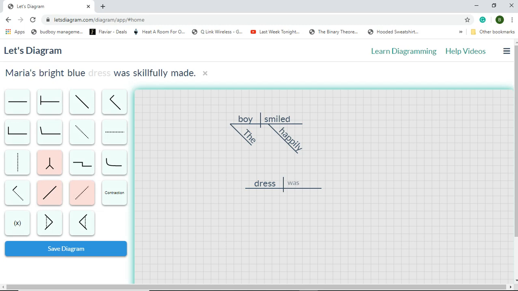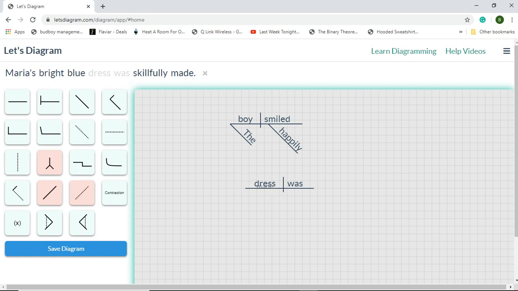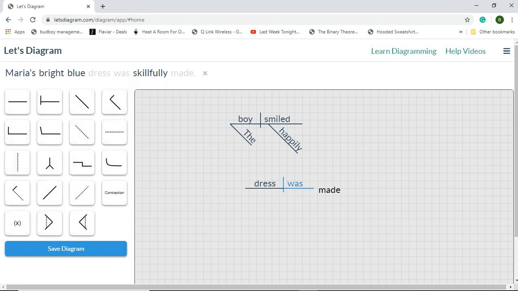So we put it in the verb space. This is a little difficult, but the main verb is made. That's the action. Making. Made. So was made is our verb phrase. So the subject is dress. Was is a helping verb. Made is the main verb. Was made is our full verb phrase.